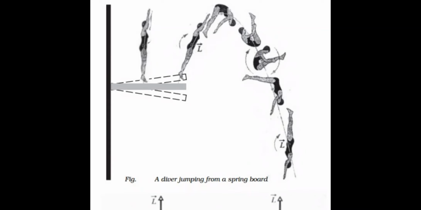If moment of inertia is reducing, his angular velocity will increase. So he is able to turn and spin faster within a short time, however he wants to spin himself.